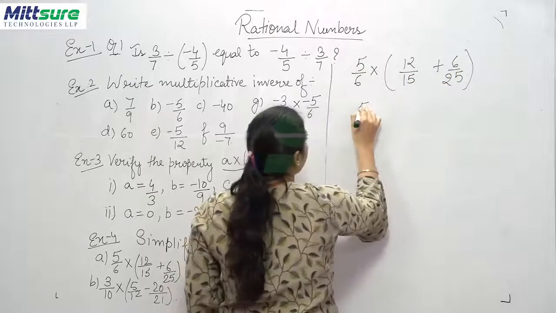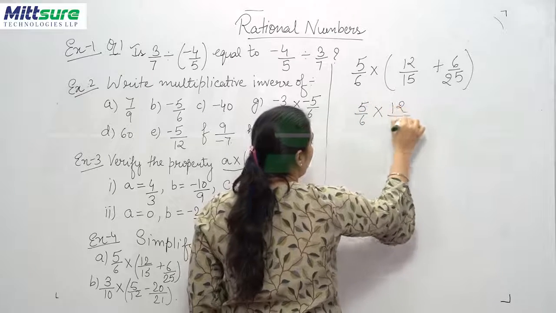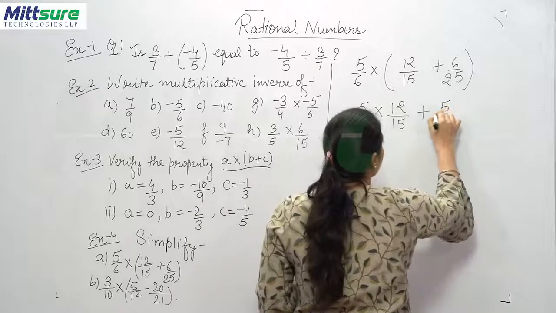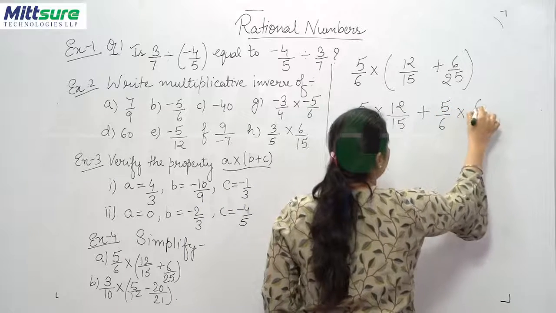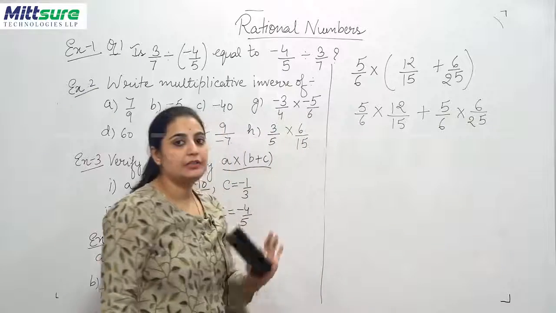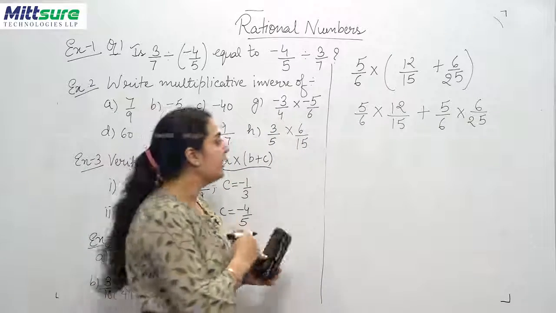So, 5 upon 6 will multiply separately to 12 upon 15 plus 5 upon 6 will again multiply separately to 6 upon 25. Now see, this condition becomes very easy and your simplification also becomes very easy.